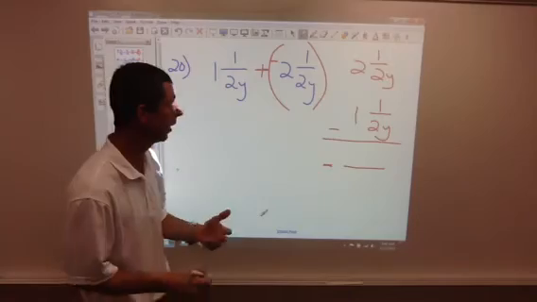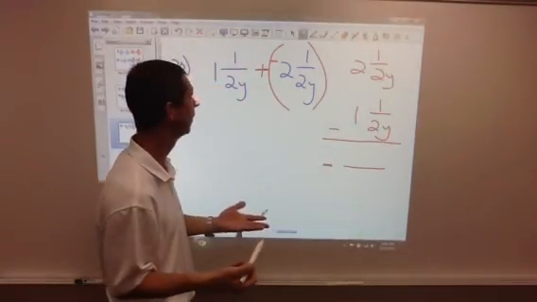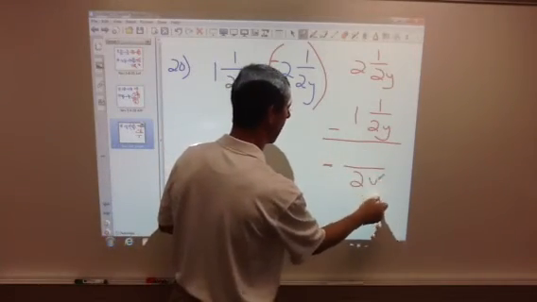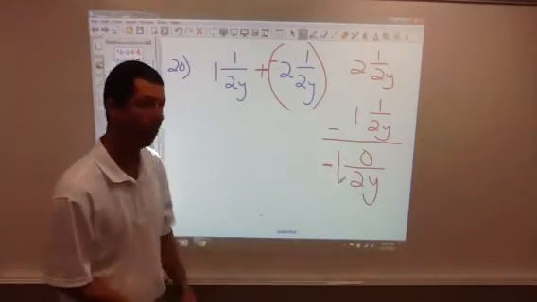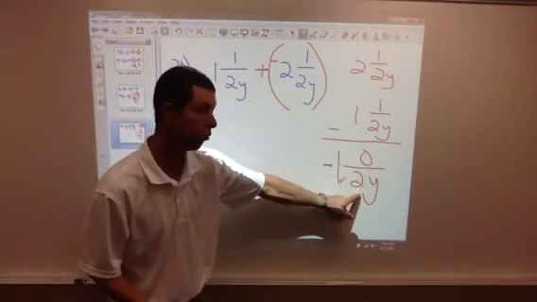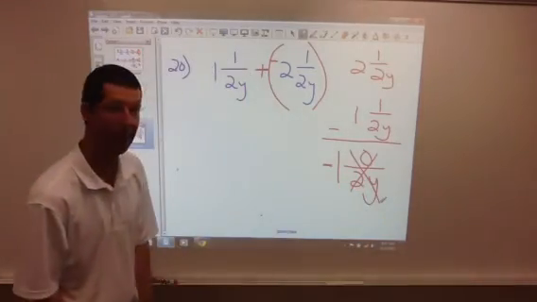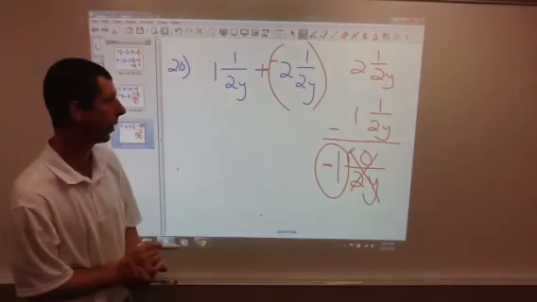Now I can carry out my subtraction. 1 minus 1 is nothing here. If we put our 2y down, we have 0 over 2y. I subtract here, I get 1. Well, negative 1 and 0 over 2y, there's no value to this right here. So my answer is negative 1 for that problem.